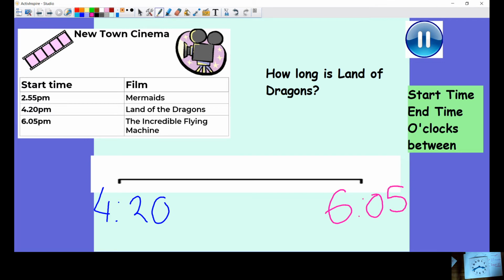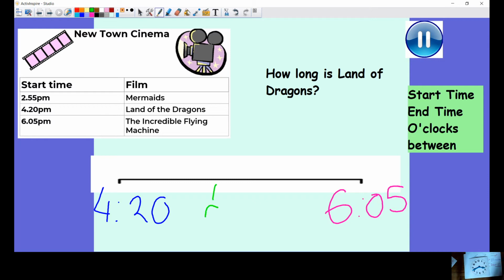So, first step is the o'clocks in between. So, what am I going to be looking at? My first o'clock in between after 4:20. So that's 20 minutes past 4. I know my clock goes 4 o'clock to 5 o'clock.